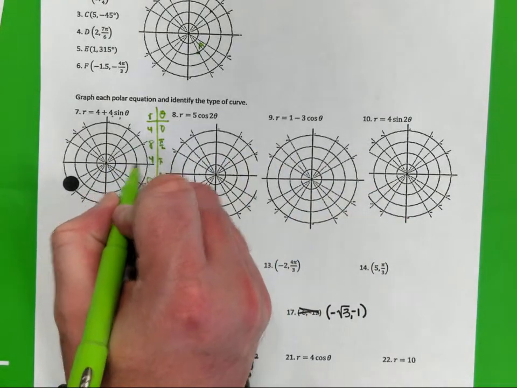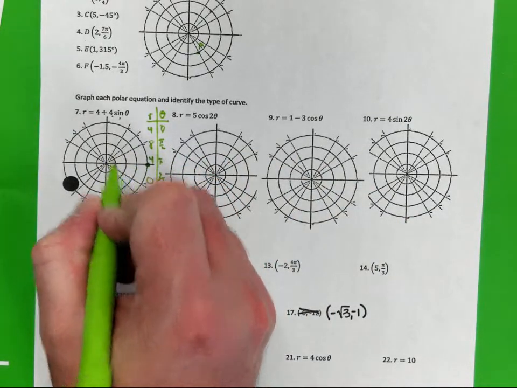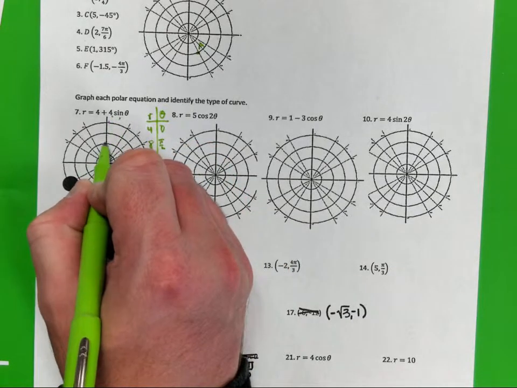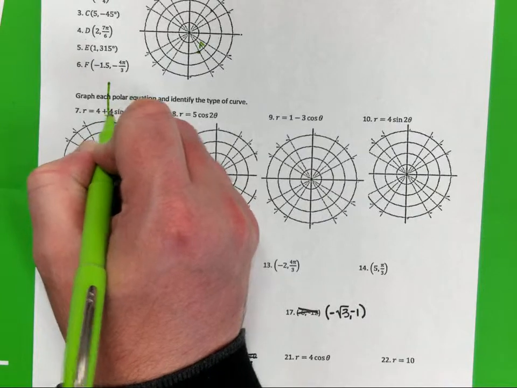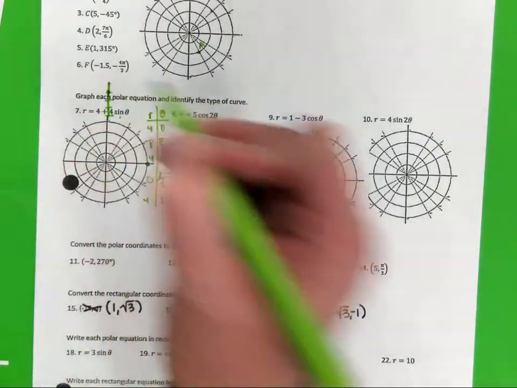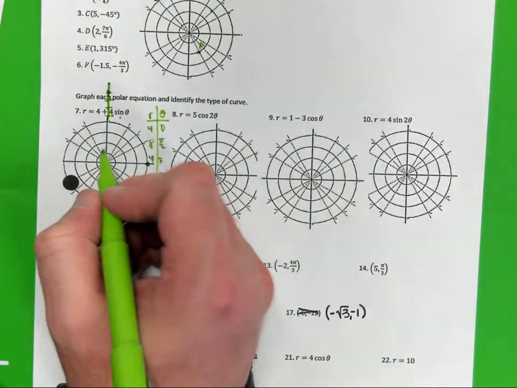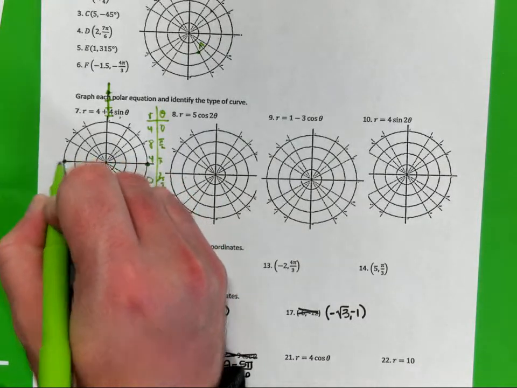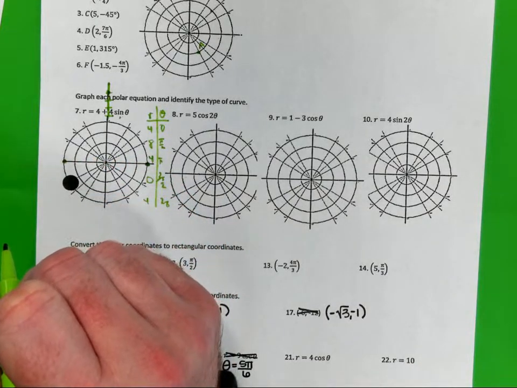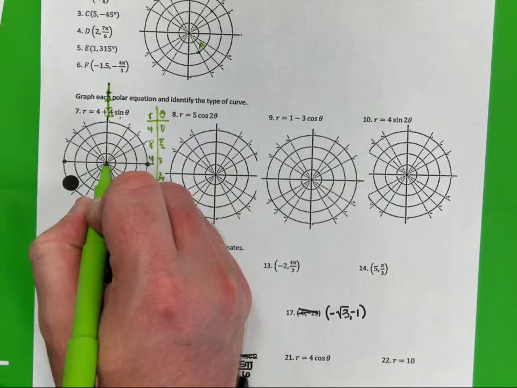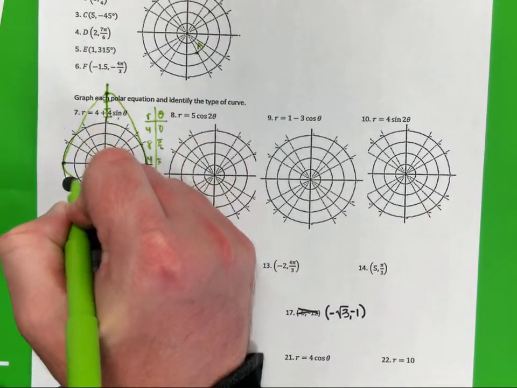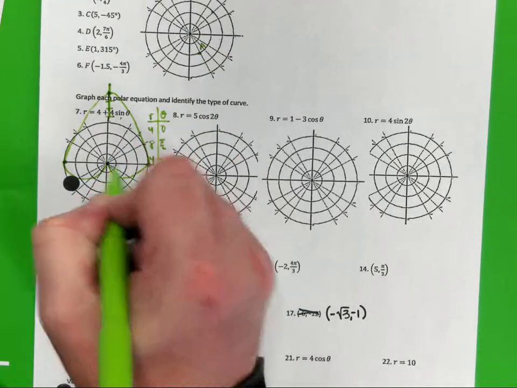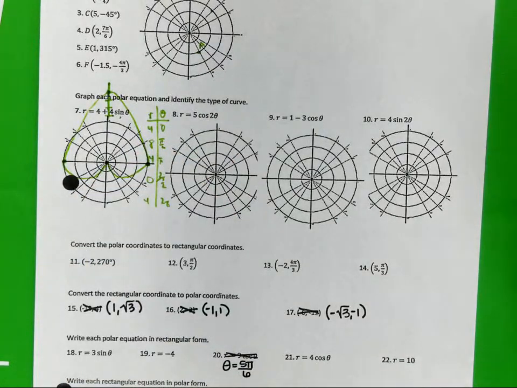All right. Put a dot up there somewhere. And I know I got to have a dimple there, so that's why I put the dimple right there.